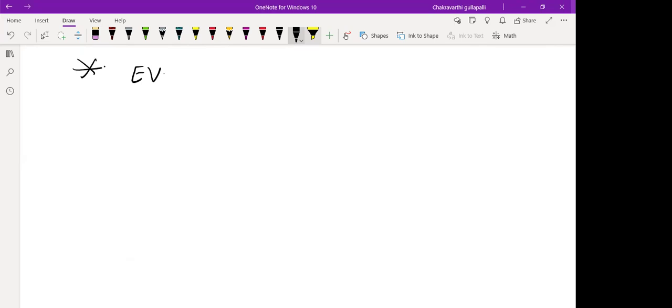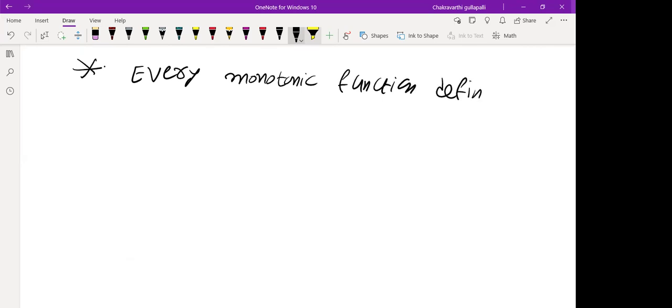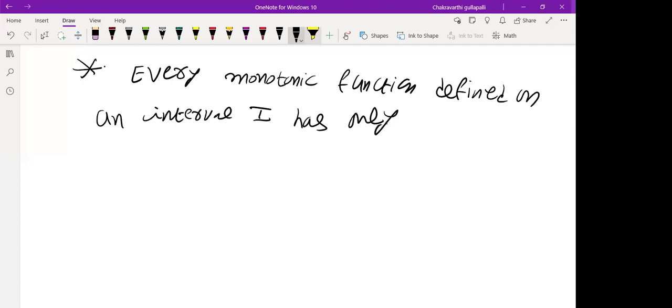Every monotonic function defined on an interval I has only jump discontinuity.